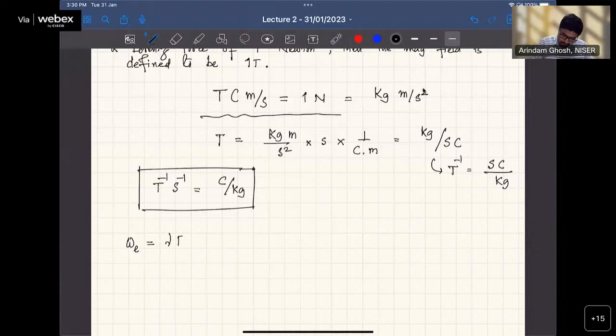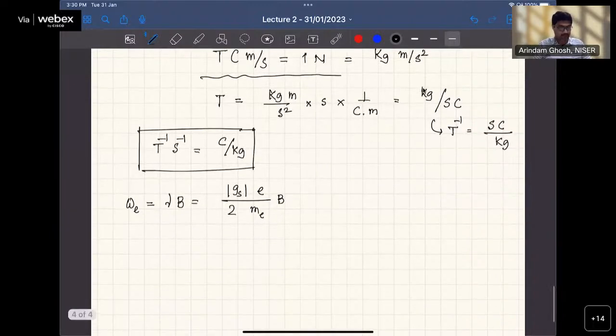That is going to be omega e equals gamma times B, and gamma is going to be g_s, which is close to 2, I told you in the last class, e divided by 2 times m_e, the mass of electron, and then B. Correct? So if I now take 1 Tesla of magnetic field, let me see what this is. g_s is close to 2, but I just take it as 2.